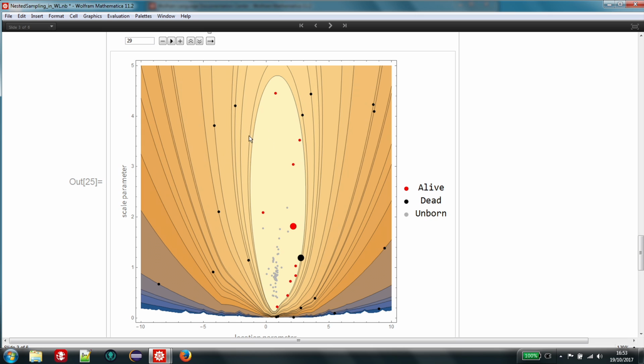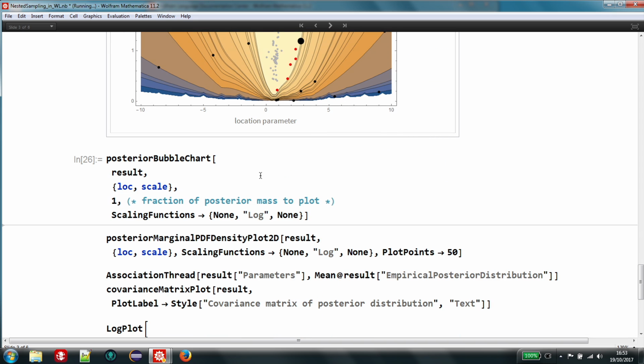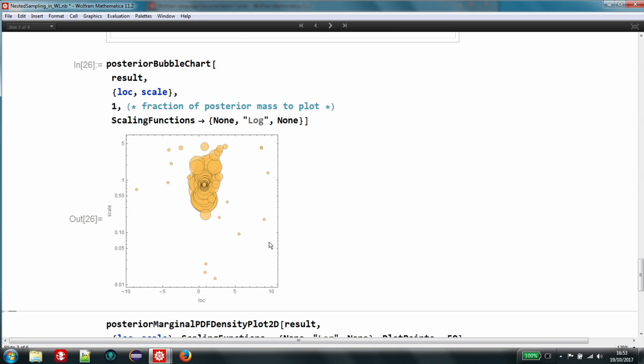While in nested sampling, you generate weighted points. And these represent your posterior distribution. And we can now also plot this posterior distribution. These are the samples, and the size of these bubbles is the weights these points got.